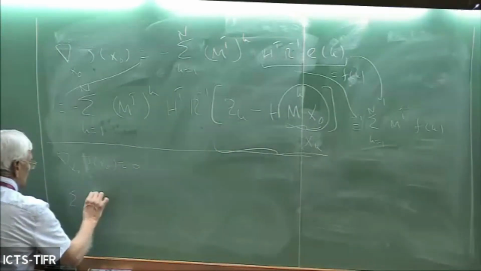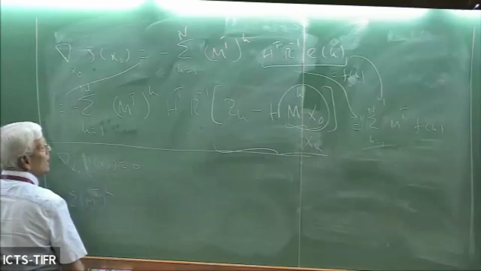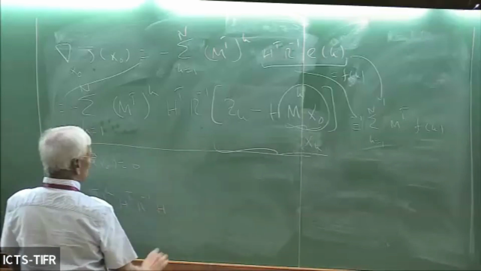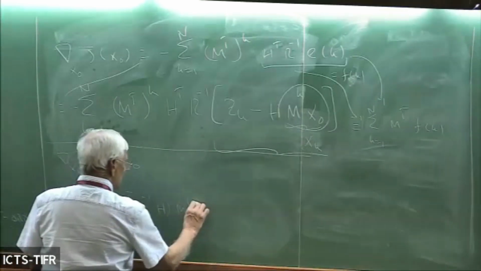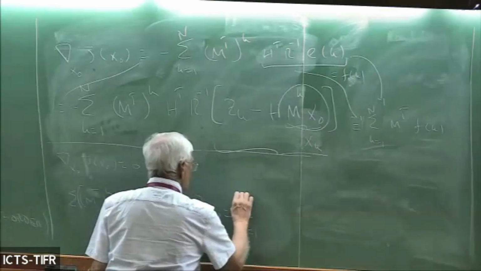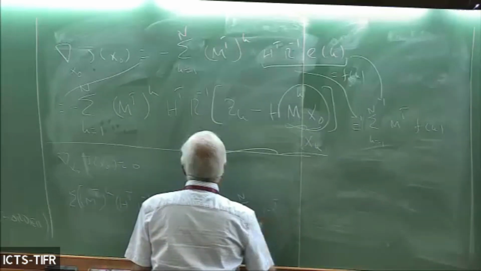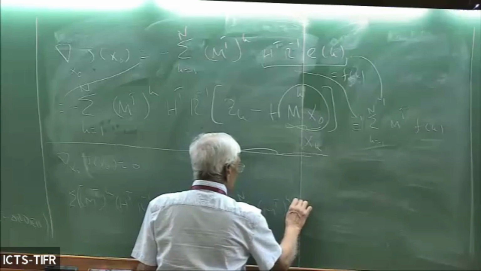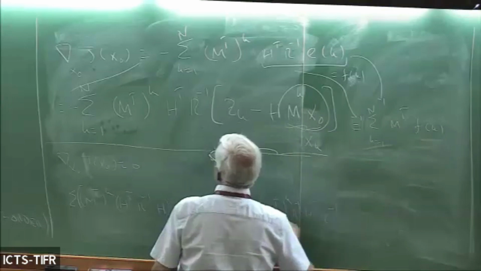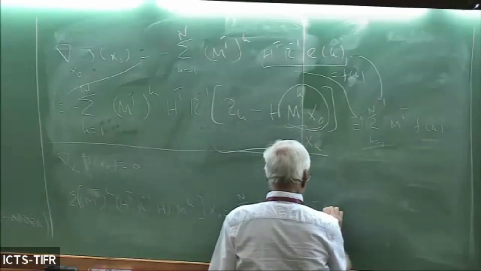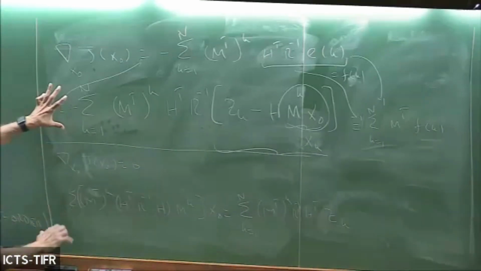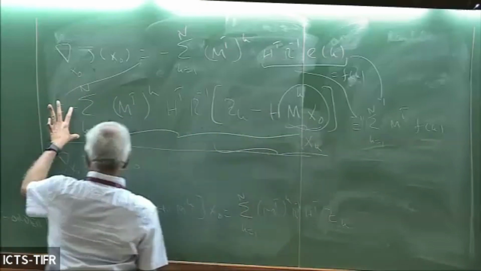Summation m transpose to the power k, h transpose r inverse h m to the power k times x naught must be equal to summation k is equal to 1 to n of m transpose to the power k, h transpose r inverse z. Do all of us see that, please? If I equated this expression to 0, this is what I get.